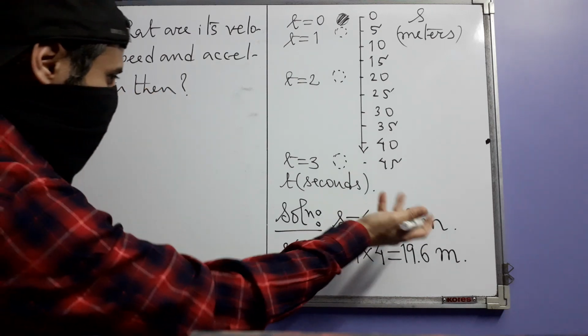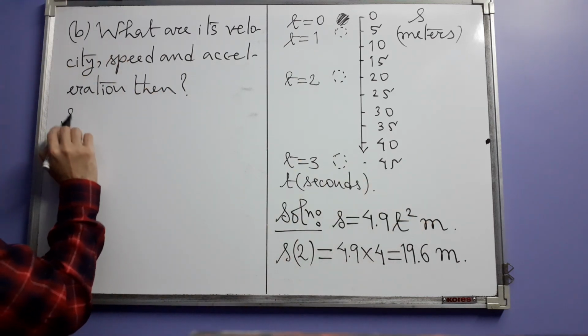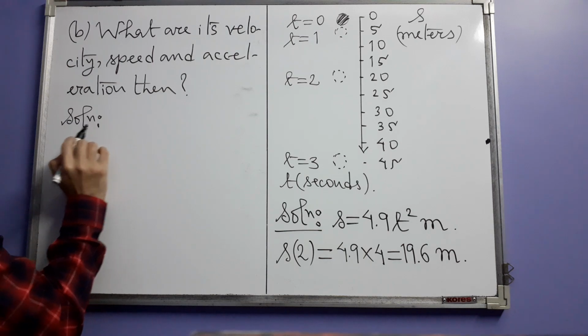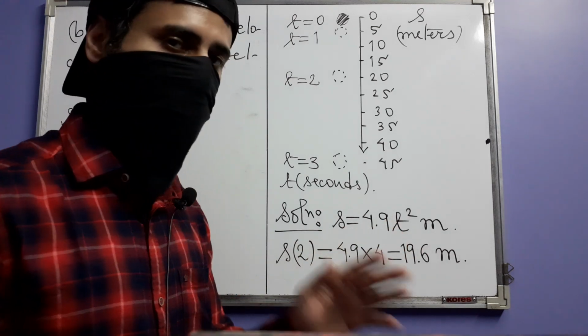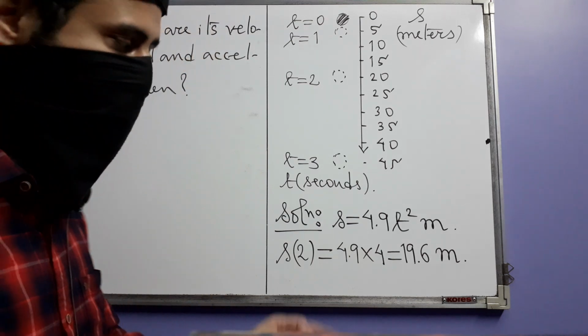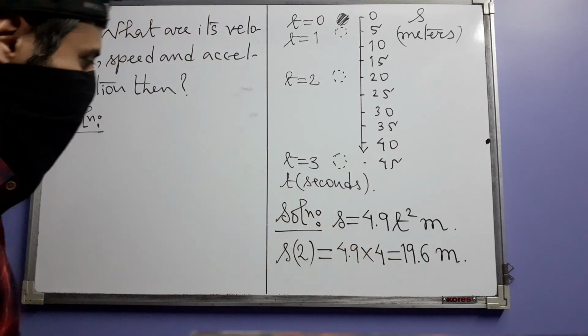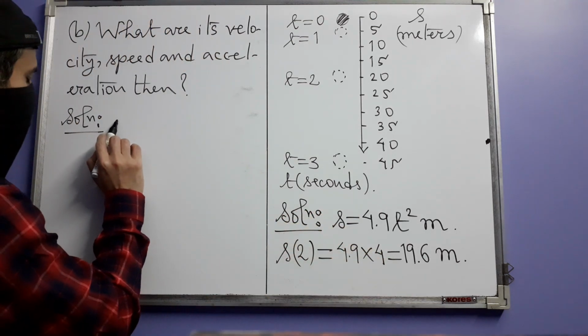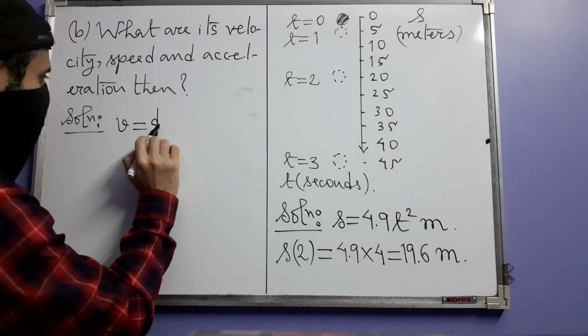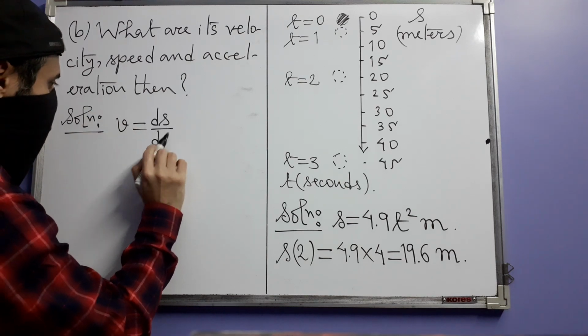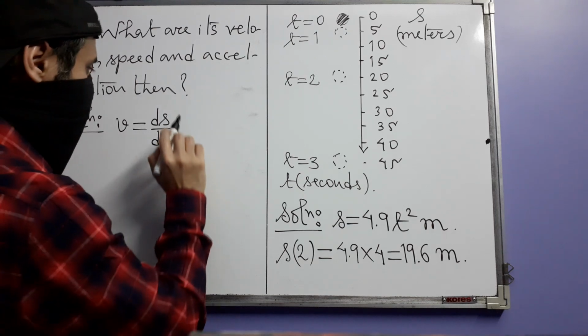Okay, so just use this equation. First we find velocity and acceleration at a general time instant t, and then we will substitute t equal to 2. So velocity is the time rate of change of position.